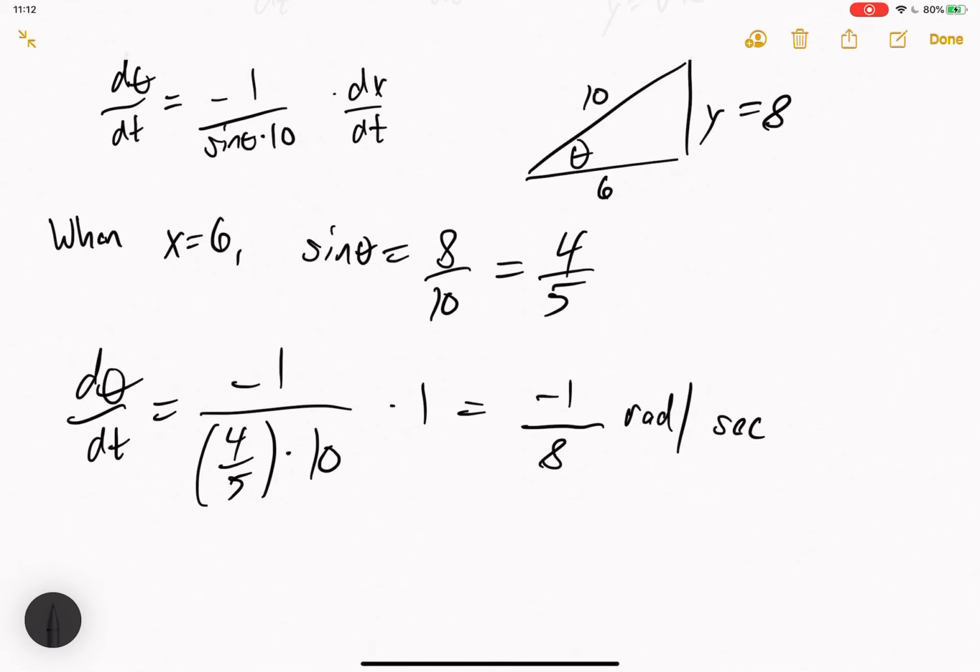But typically when you talk about sines and thetas like that, we talk about them in terms of radians, so that's what you want to keep it as.